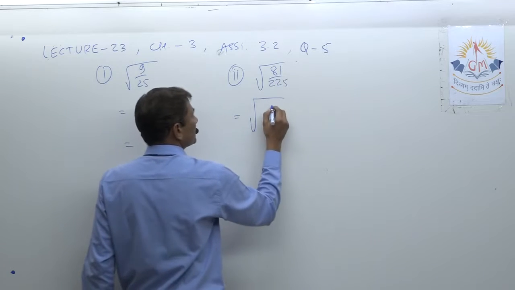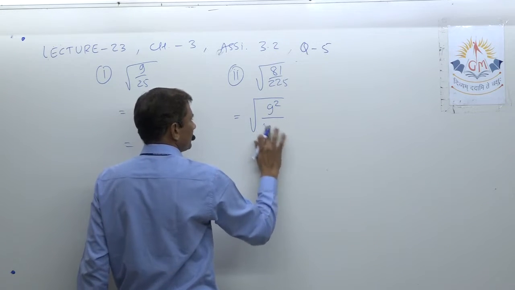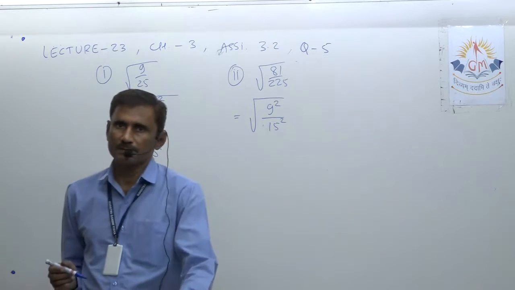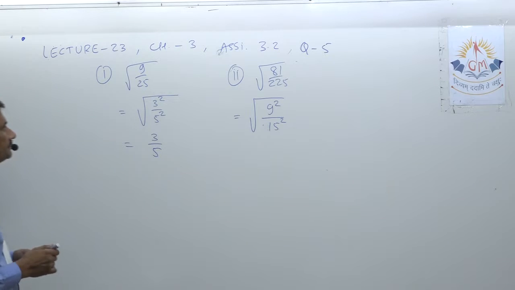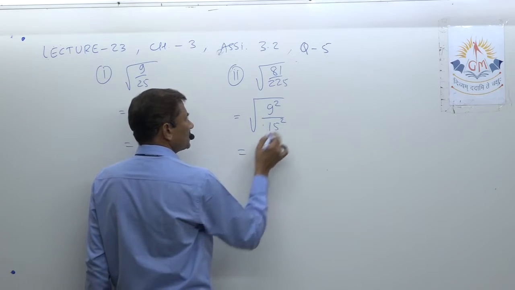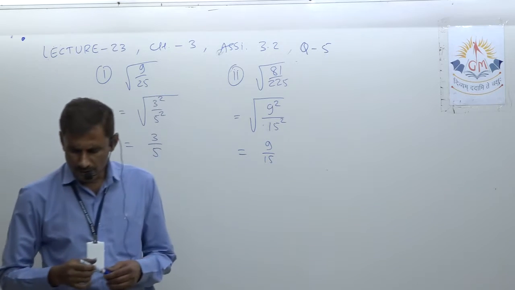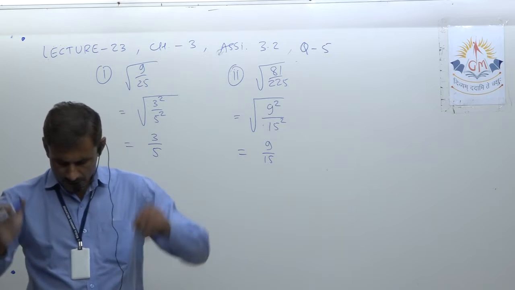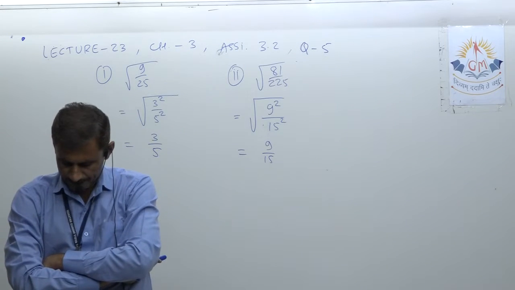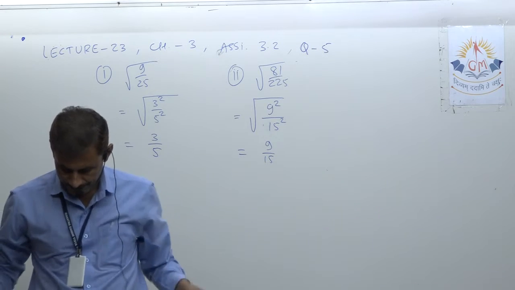So I know this is 9 square and 225 is the square of 15. As I told you, the square root means nothing but itself. So in all sums you have to do it this way. If a mixed fraction is given anywhere, then also you can solve it.